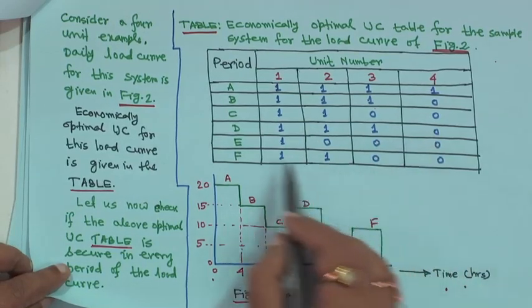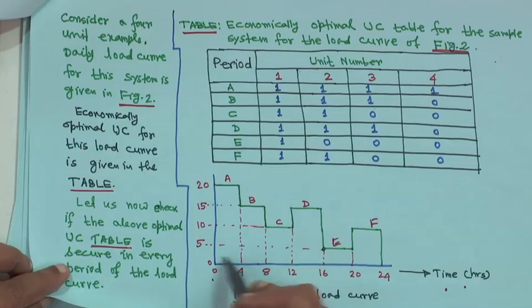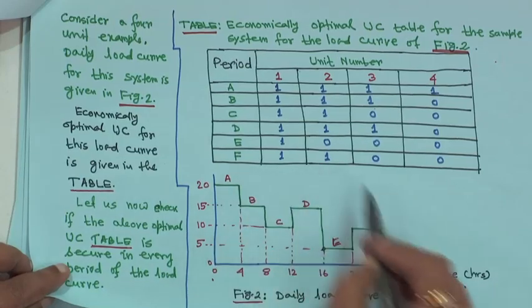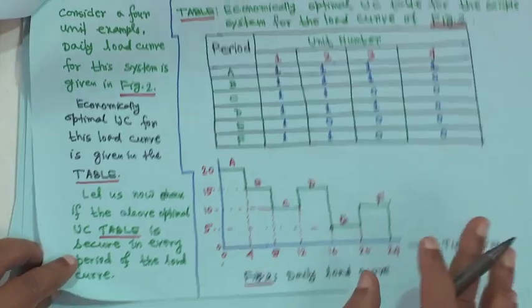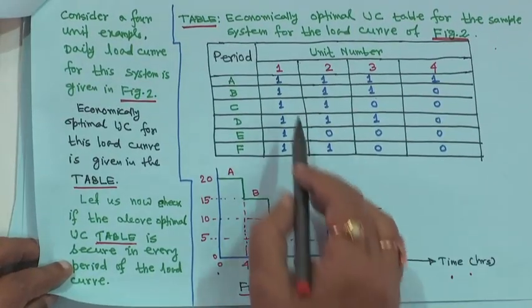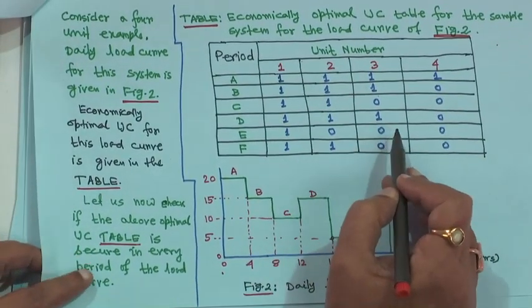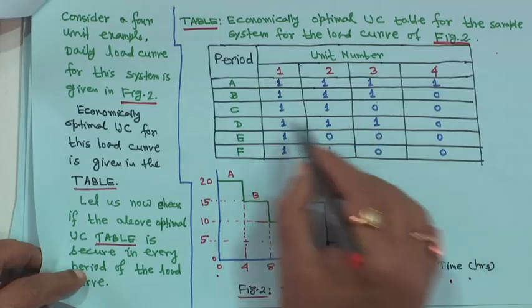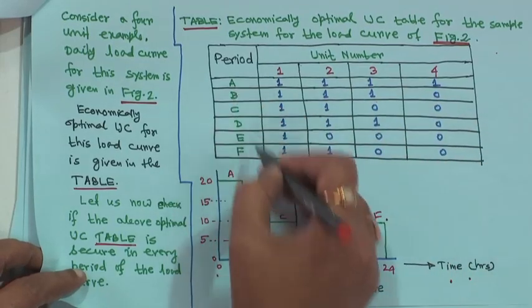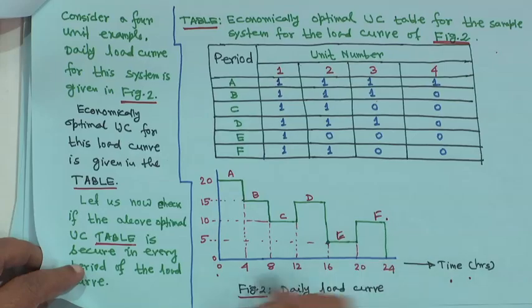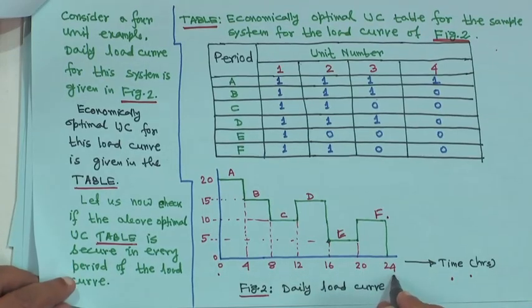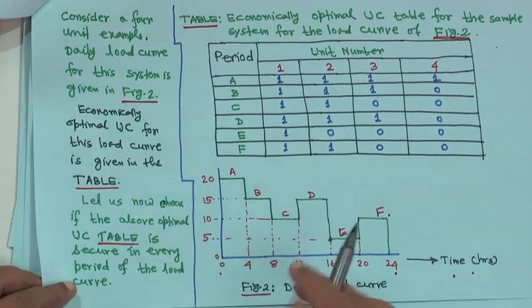In the E period only 1 unit is operating, which is 5 megawatt, and in the F period only 2 units are operating because it is 10 megawatt. It is an ideal case I have taken, and this is your unit commitment table at every load level, after unit commitment by dynamic programming or whatever method. This is load level A, B, C, D, E, F, and this 24 hour load is taken.